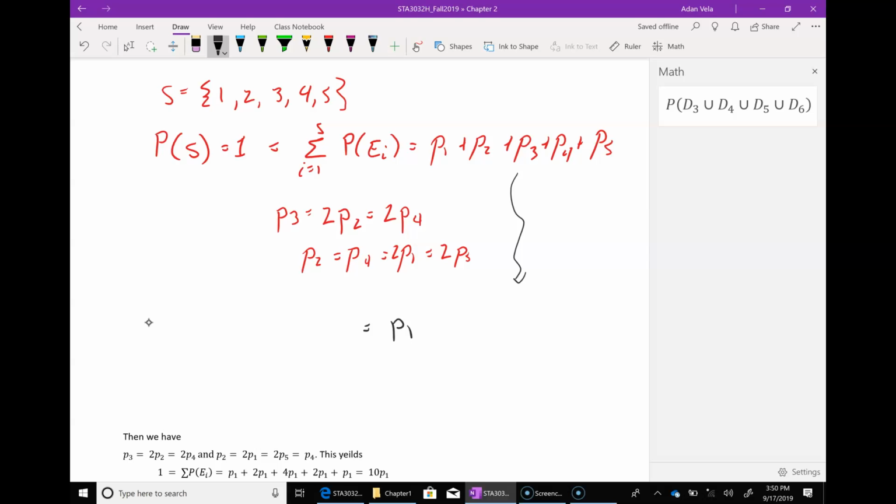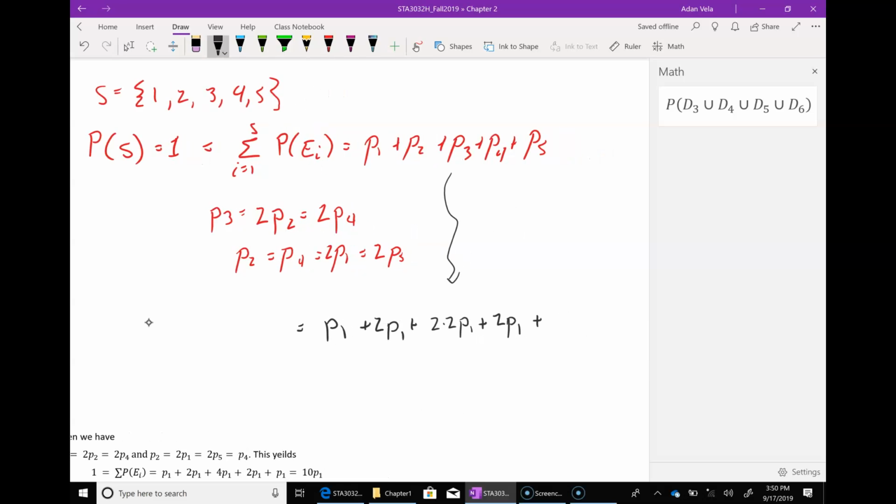P2 we know is twice P1. P3 is twice P2, so we get 2 times 2 times P1. Plus 2 times P1 for P4. And then P5 we know is equal to P1.